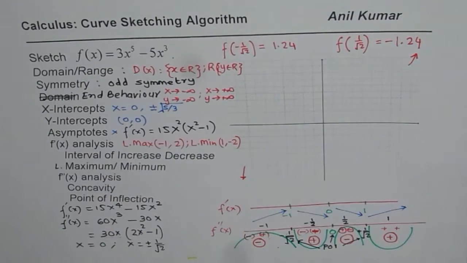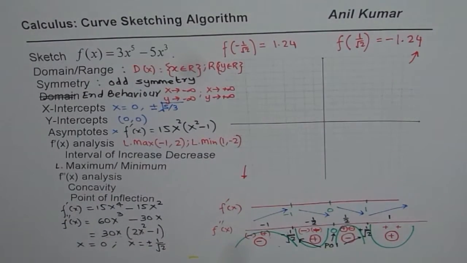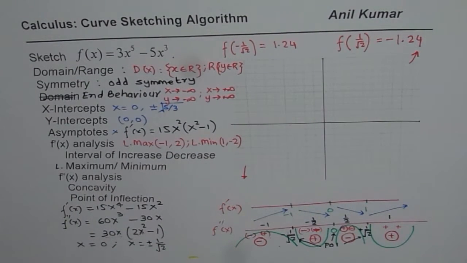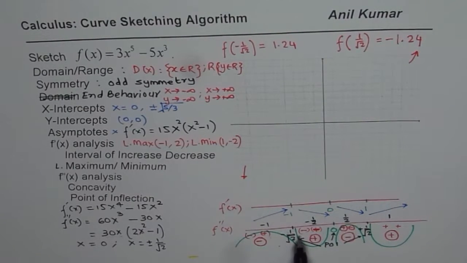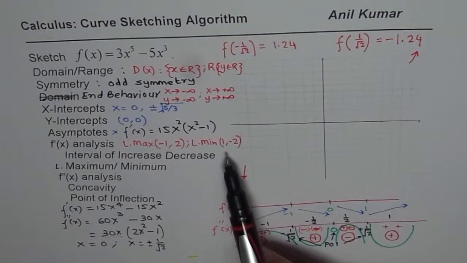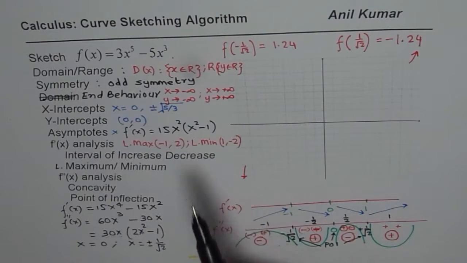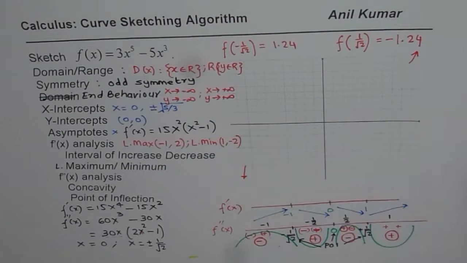So it works out fine with the odd symmetry also. It's kind of a test for you, right? Now we have points of inflection, we have maximum, minimum, local, and intercepts. We know domain and range, and we know the general behavior.